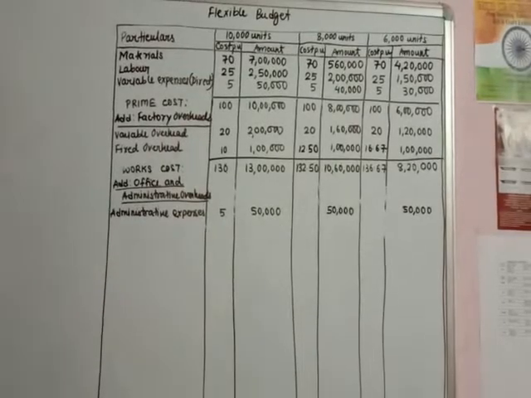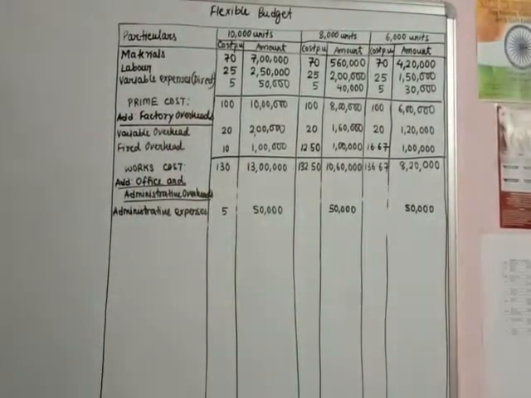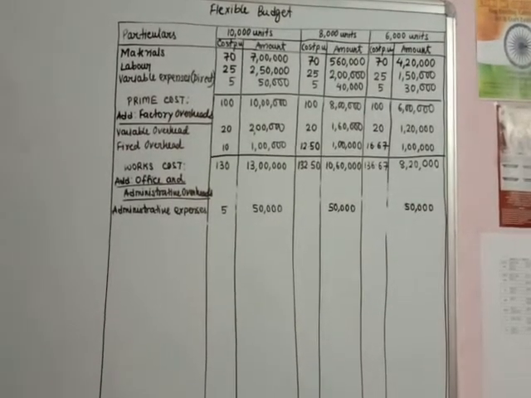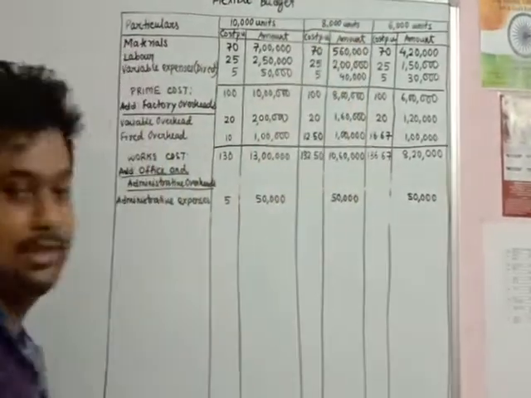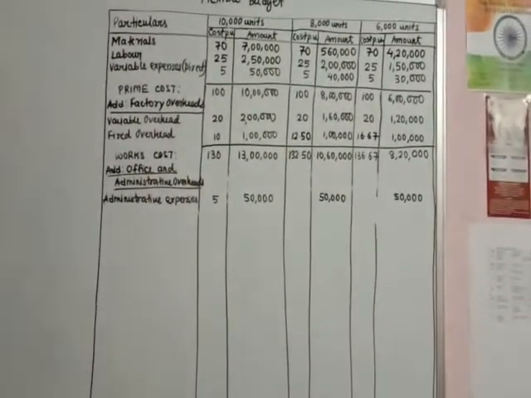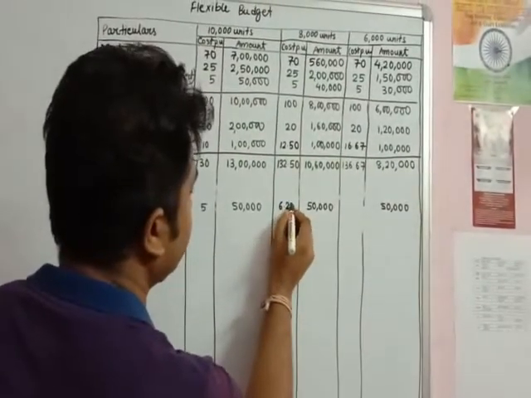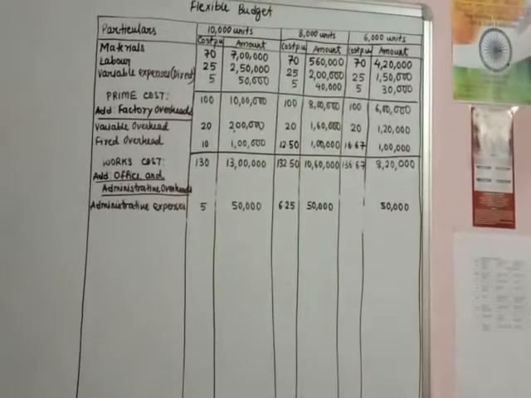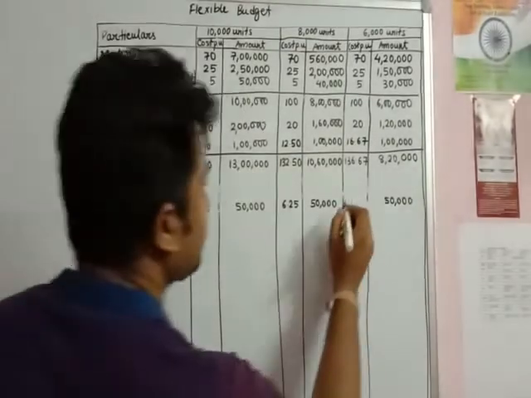So again, since the total cost remains the same, the cost per unit will vary. In case of 8,000 units, you have to calculate the cost per unit. That is 50,000 divided by 8,000. You get 6.25. In the next case, you calculate 50,000 divided by 6,000. You get 8.33.